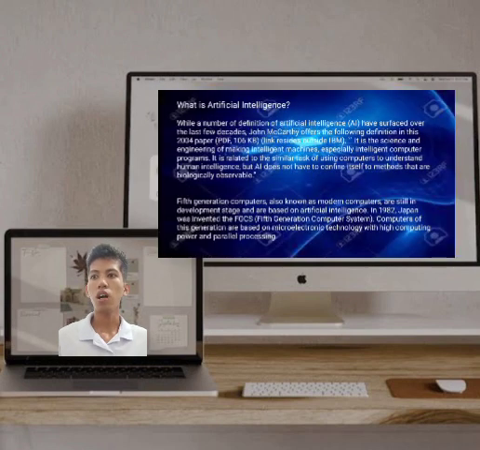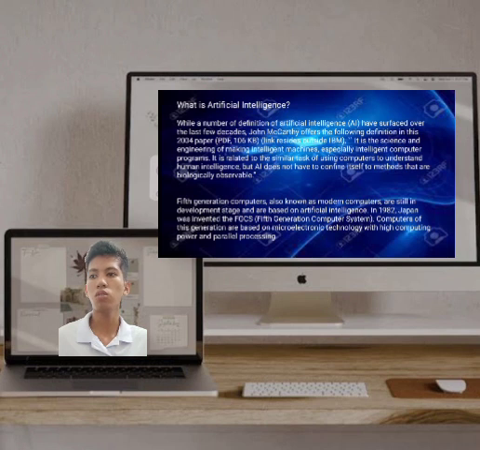What is artificial intelligence? Well, a number of definitions of artificial intelligence have surfaced over the last few decades. John McCarthy offered the following definition in his 2004 paper: it is the science and engineering of making intelligent machines, especially intelligent computer programs.